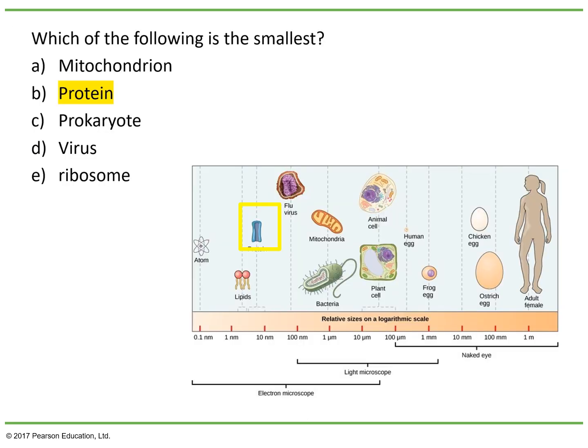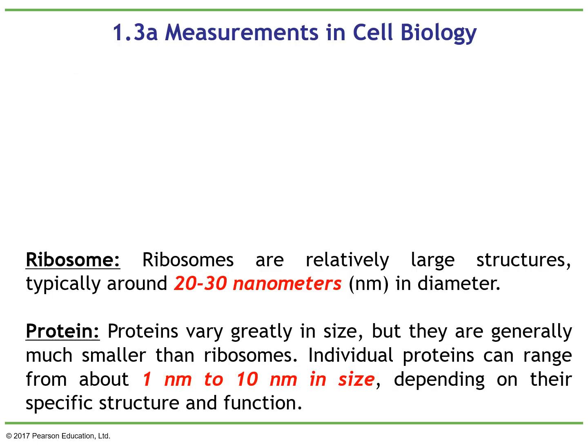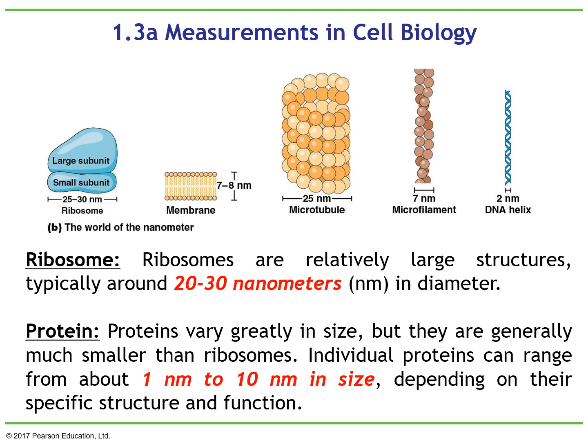So here you can see the answer. The answer will be protein, and the protein will be around 10 nanometers. And here is the answer. Here you can see that your textbook says a ribosome could be between 25 to 30 nanometers, depending on whether it's eukaryotes or prokaryotes.